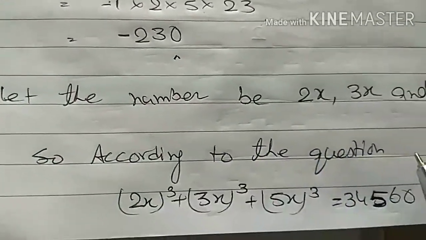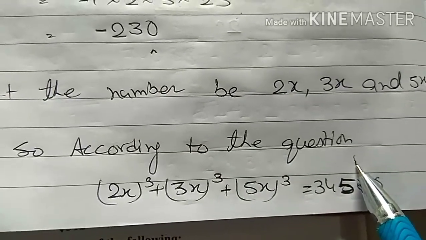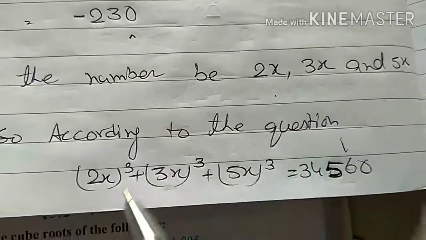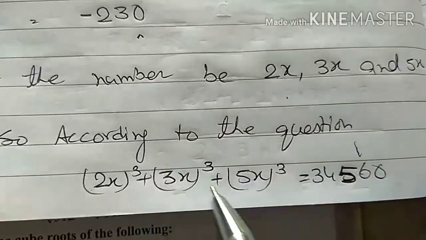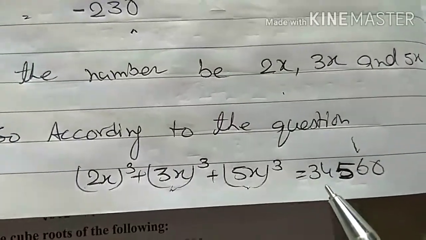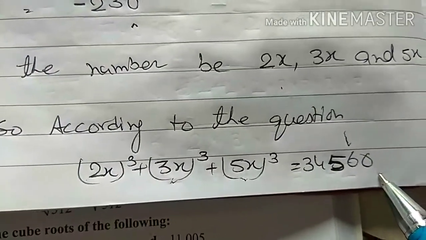Okay, according to the question, the sum of the cubes of the given numbers is given. Okay, so (2x) to the power 3, (3x) to the power 3 and (5x) to the power 3 is equal to 34,560. It's given in the question.